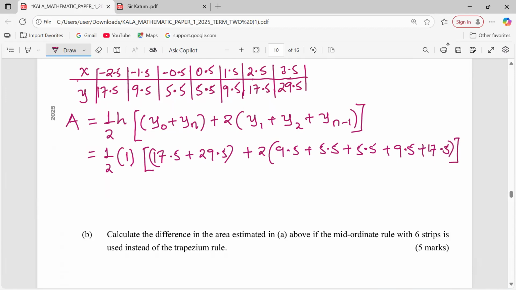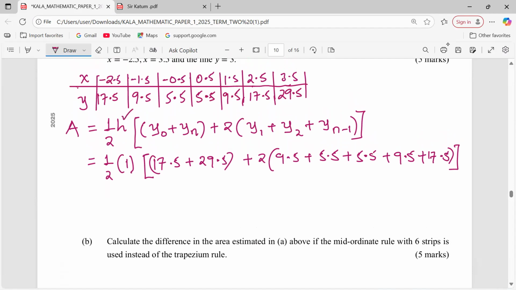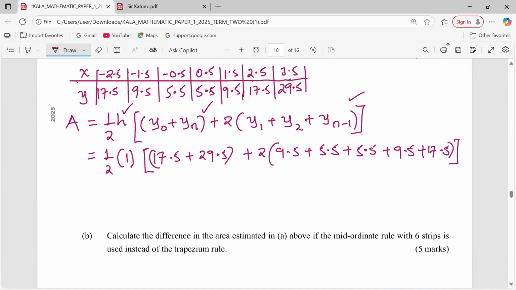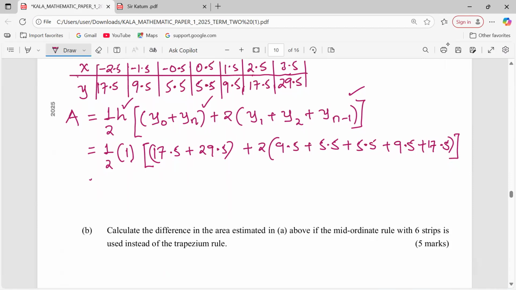So we are talking of half times the interval, the first and the last y added, 2 multiplied by all the other y's. That's how we get the area using the trapezium rule.